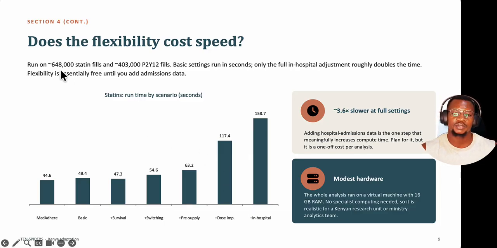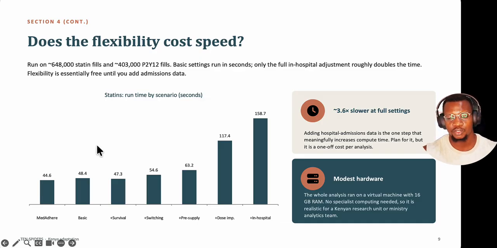They ran it on 648,000 starting fields and 403,000 P2Y12 fields. Only the full in-hospital adjustment roughly doubles the time needed, and you can see the Medavia tool, an existing tool they were comparing it with. Then you have the basic framework, where everything is stripped off and it doesn't have these additional parameters.